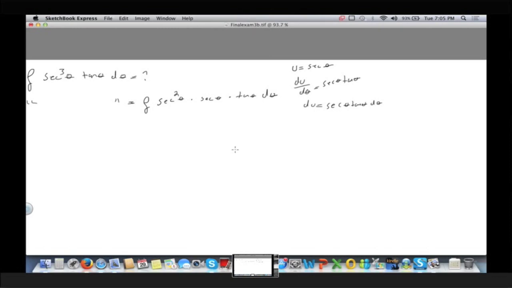We see that, then we're left over with secant squared theta, or u squared. Okay, yeah, this works.